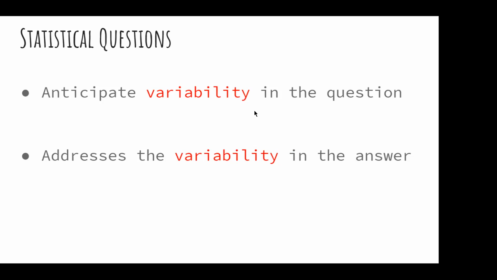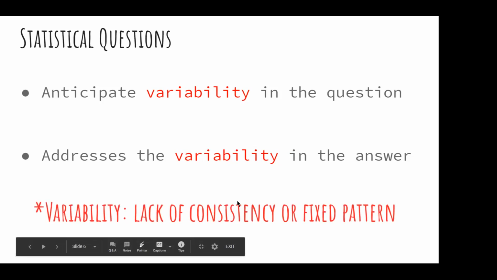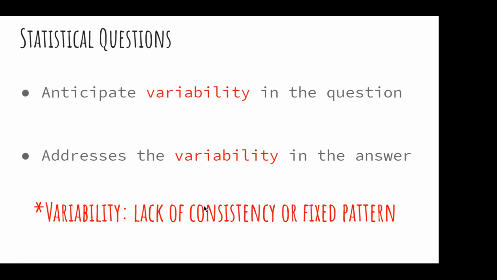Your statistical question has to anticipate variability in the question, and it has to address variability in the answer. Remember that variability is the lack of consistency or a fixed pattern. It means that you are taking in data from multiple different sources, not just a single source or 5 sources.